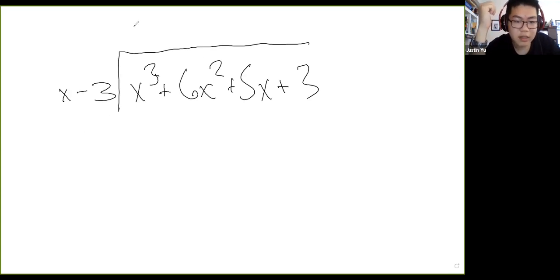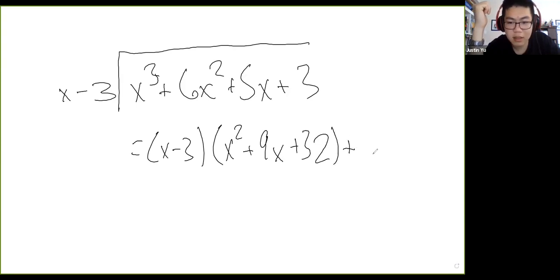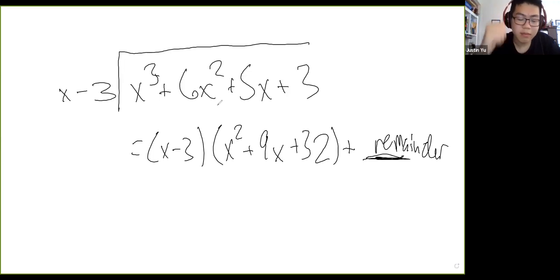This is the equivalent of writing this polynomial as x minus 3 times some quadratic, which I think looks like this, plus a remainder. And some of you are saying synthetic division, that's what this method is.